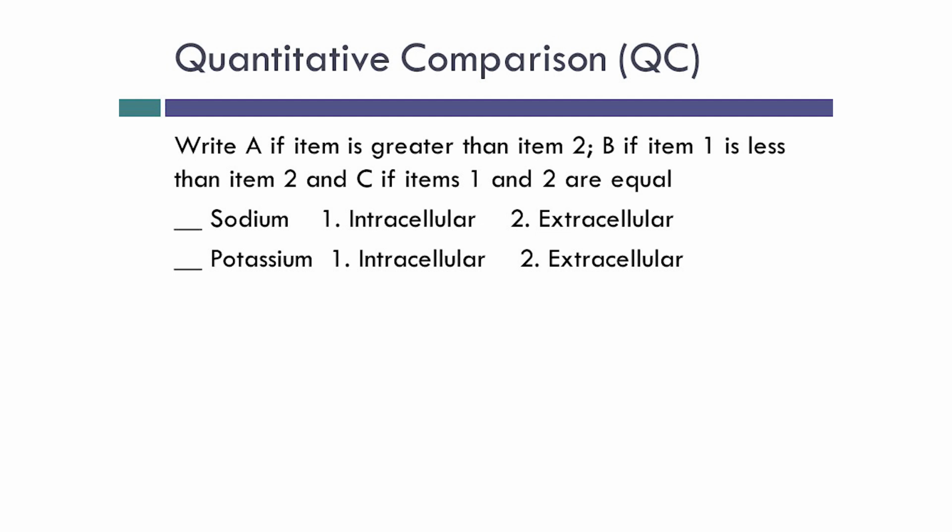So which is greater? Is it the intra or the extra? How about potassium? Intra, extracellular as well. So I think this is again a hanging question for you guys. So I'm giving you more chance to win a prize at the end of the lecture. So this is QC or quantitative comparison.